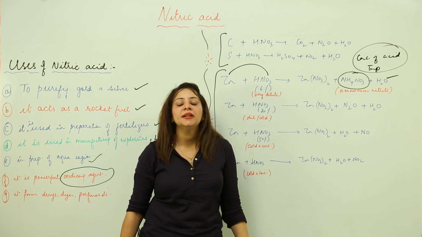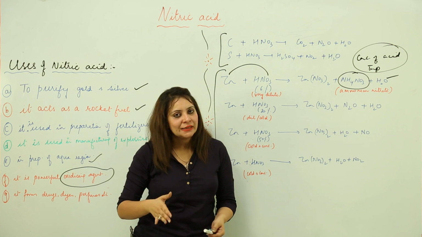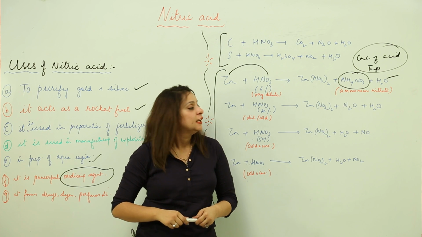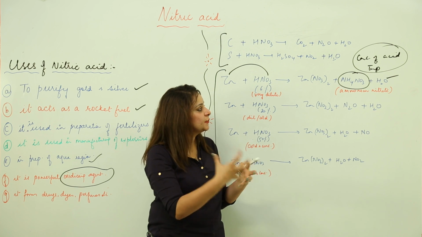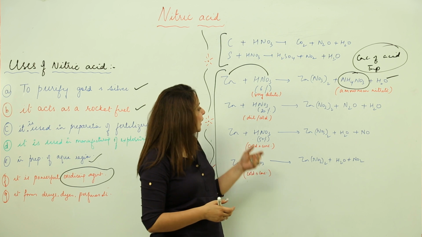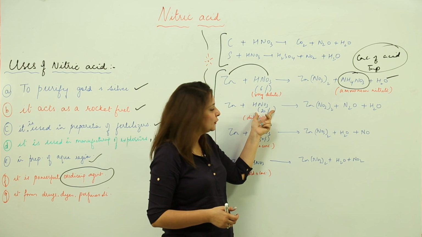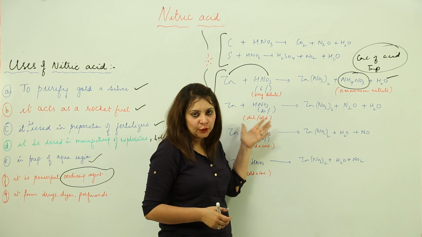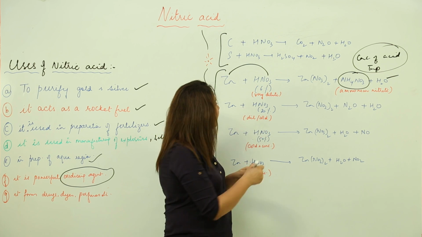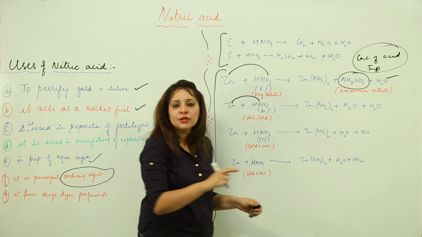You need to remember that when we talk about very dilute acid, HNO3 is reduced to ammonium nitrate. When we react Zn with 20% HNO3, that is dilute as well as cold, we again get zinc nitrate, and this time it is changed into N2O. We will be getting zinc nitrate in all the cases.